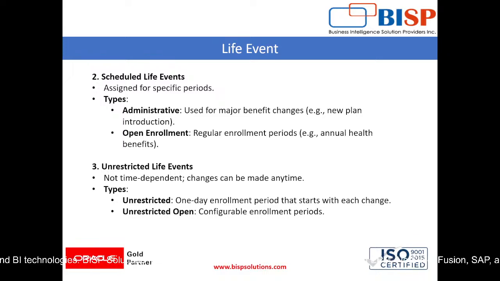We assign an administrative life event to a person or group when the terms or conditions of a benefit plan change significantly and participants must be allowed to re-evaluate their elections. This type of life event is also used during implementation to upload data initially.